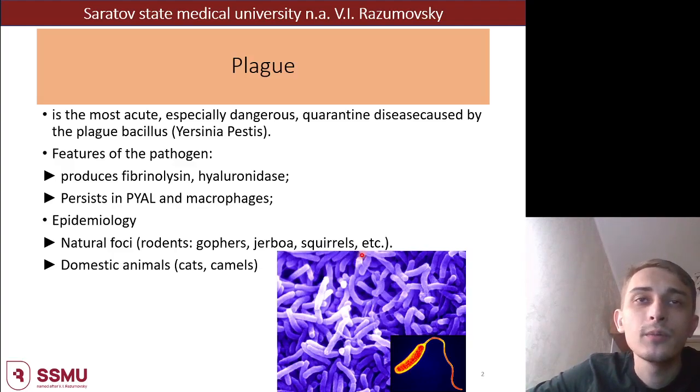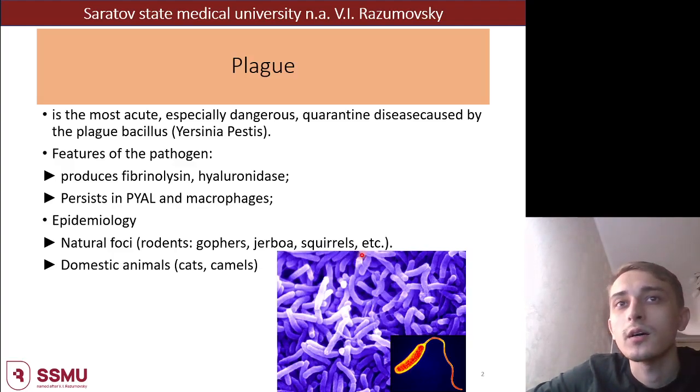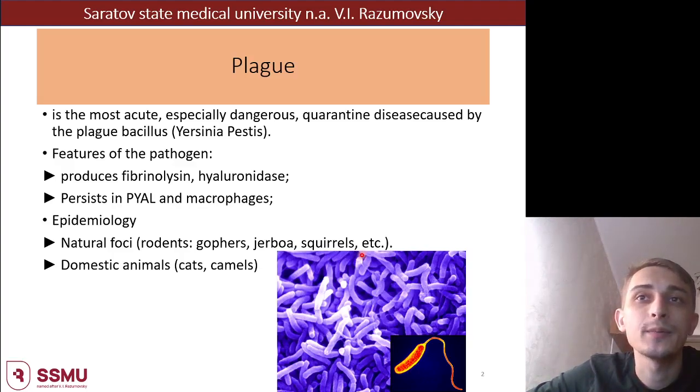And epidemiological features of plague are associated with natural foci of it, and we may see it in Georgia, squirrels, and gophers. And also it's really important to understand that the ways of spreading of this infection are associated with animals like cats and camels.